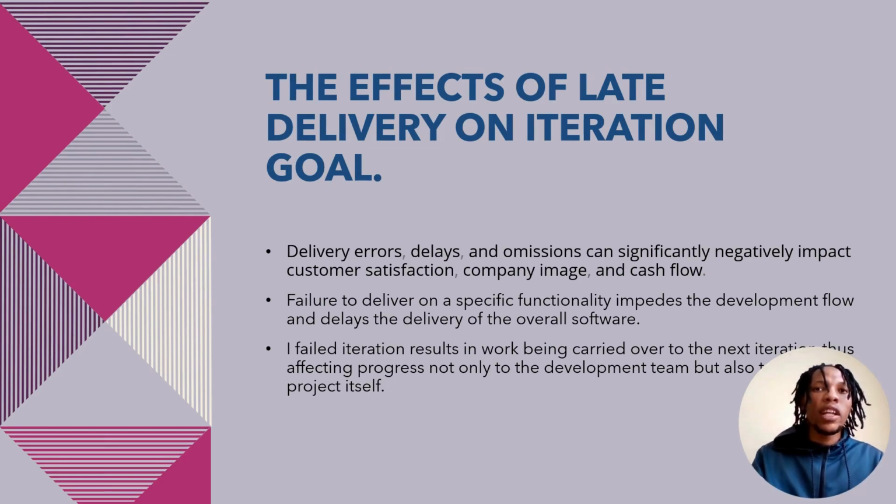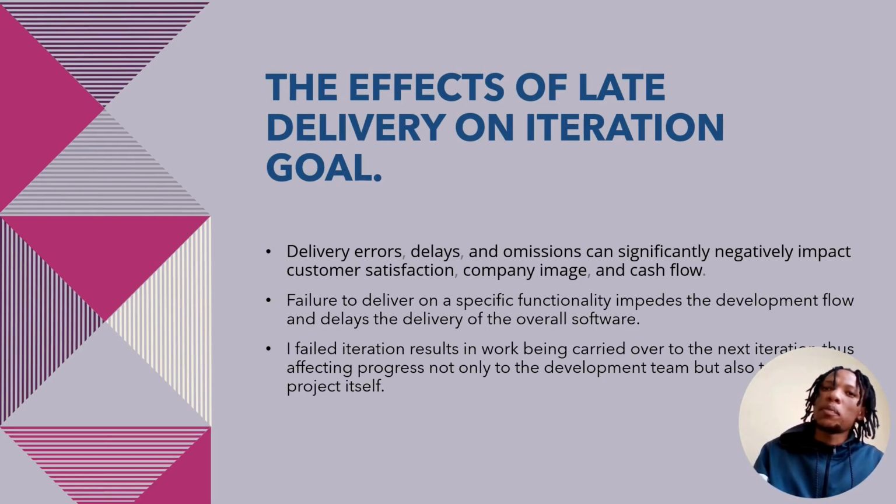So the effect of a late delivery on an iteration goal, as we all know, is that delivery errors, delays and omissions can significantly negatively impact customer satisfaction, the company's image, or the cash flow in its own essence.